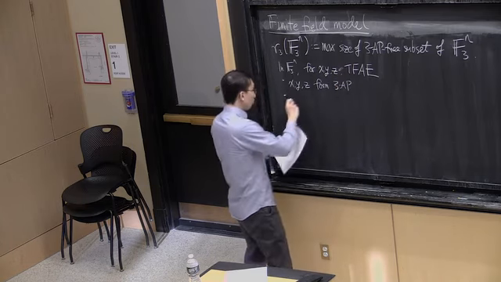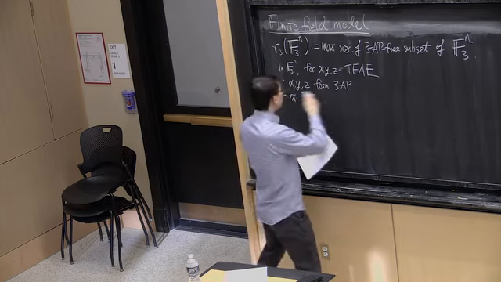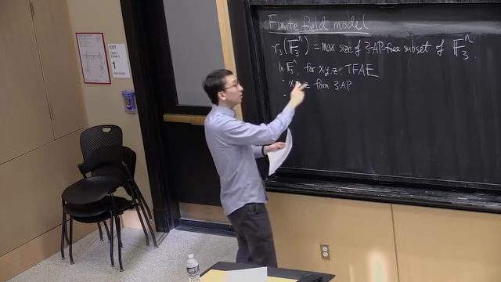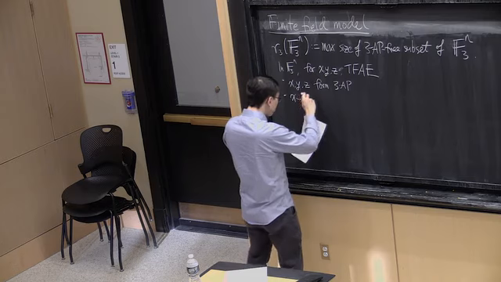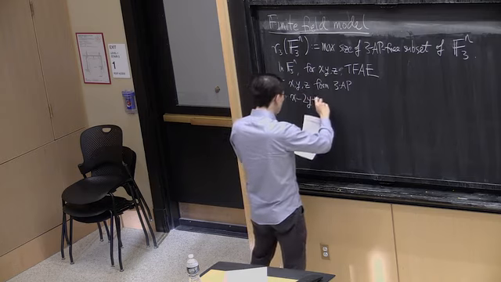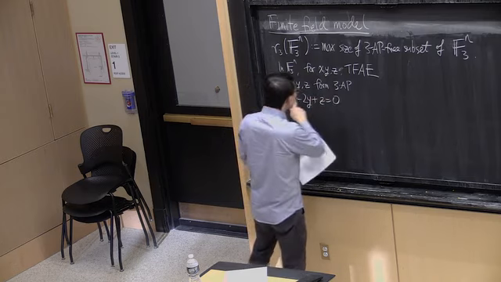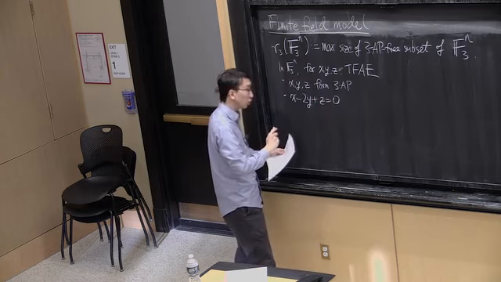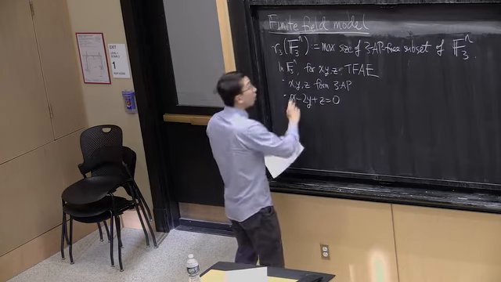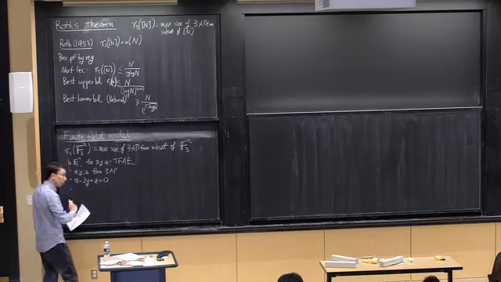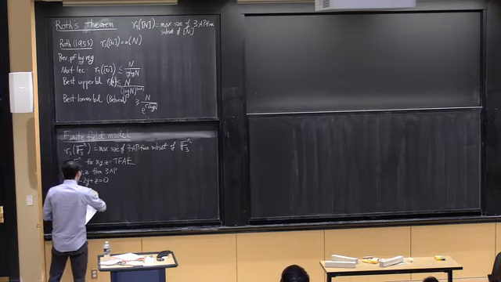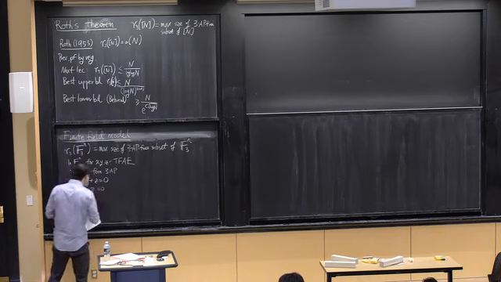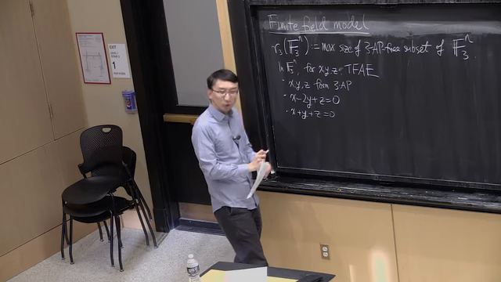Okay. So 3AP means that y is x plus d, z is x plus 2d. Equivalently, they satisfy this equation, x minus 2y plus z equals 0. Okay, in F3, minus 2 is plus 1. So it's the same as this even nicer looking equation, x plus y plus z equals 0.